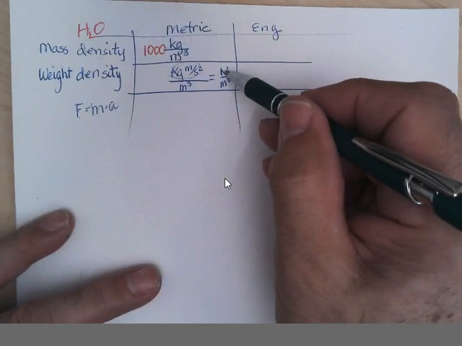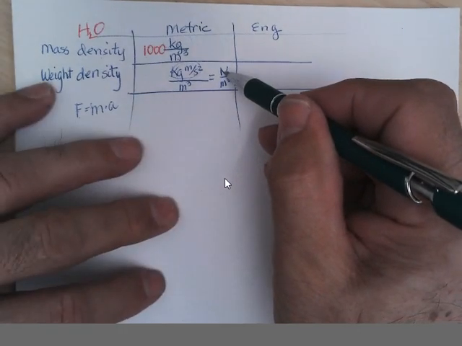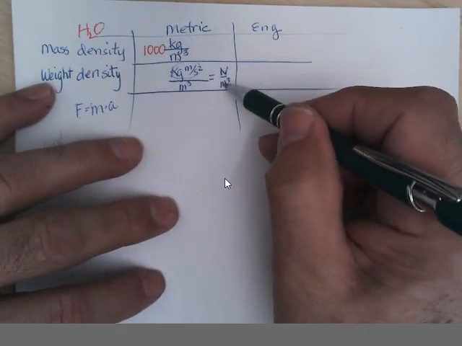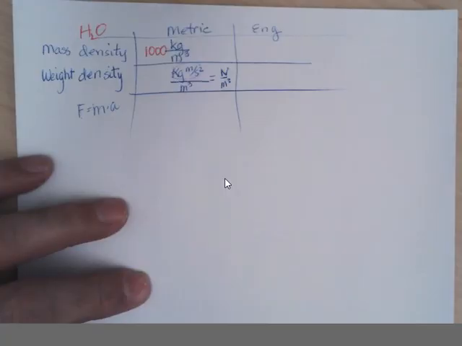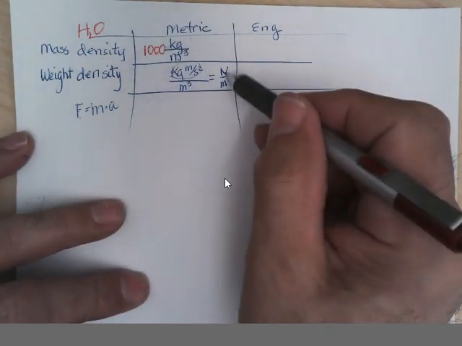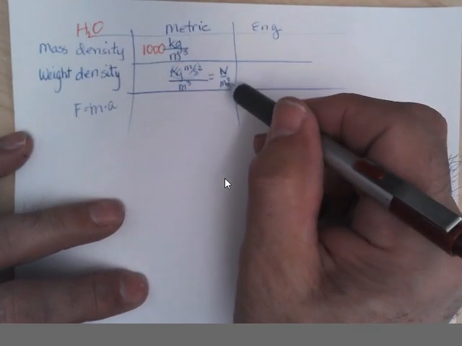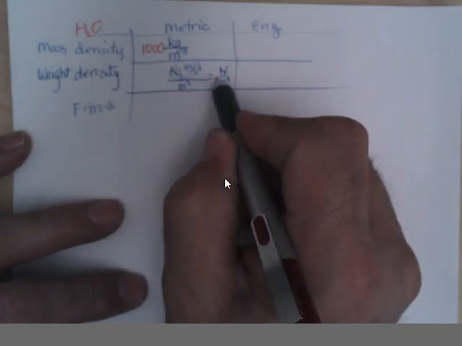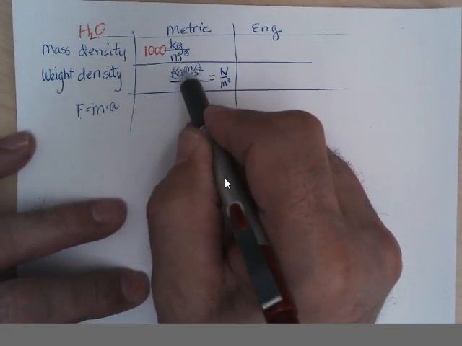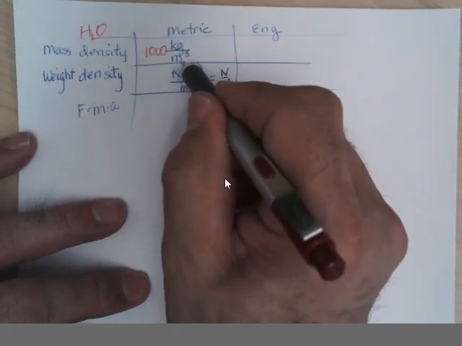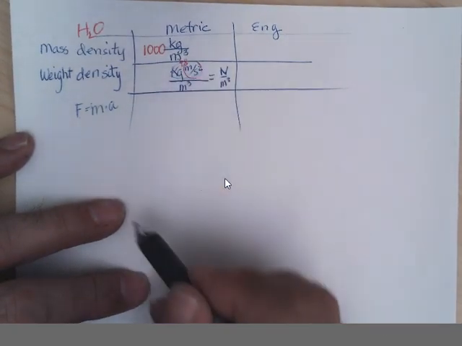Newtons is a force, could be, if under gravity, the weight per meter cubed. That's why I'm calling it a weight density. So much weight per meter cubed. And so what we have to do is multiply by gravity, which is 9.8.